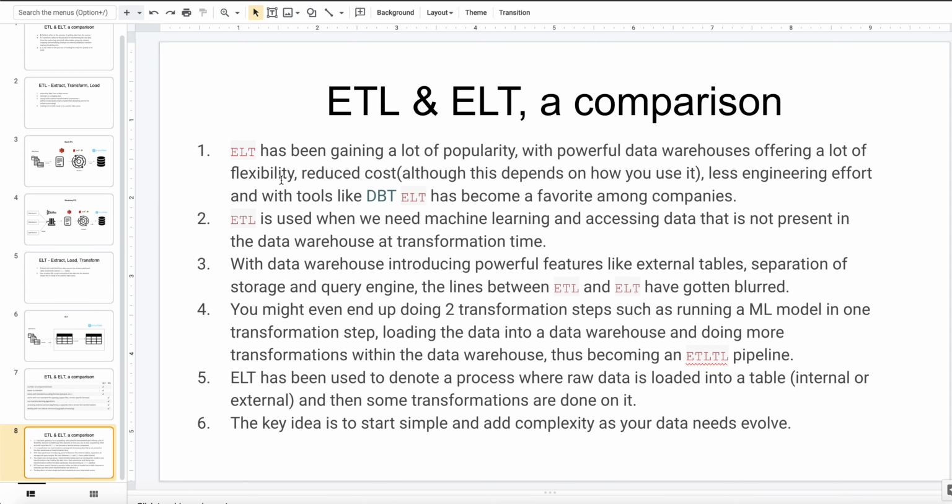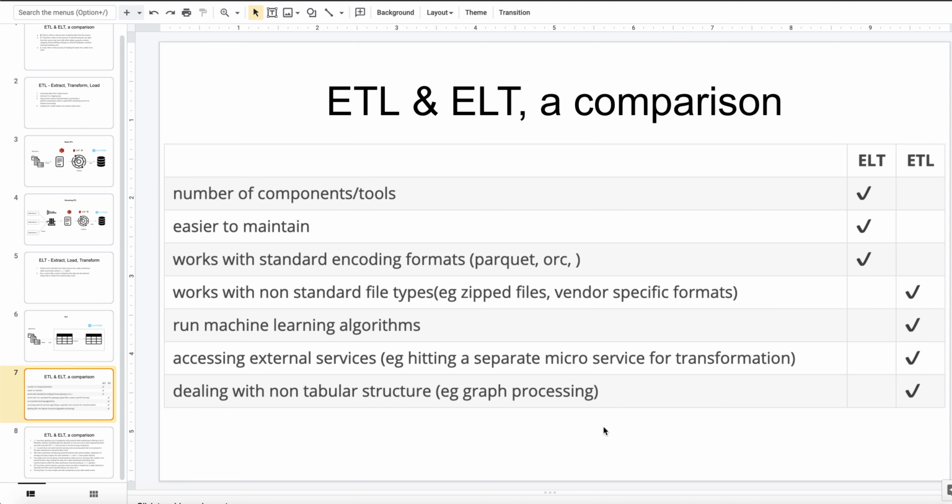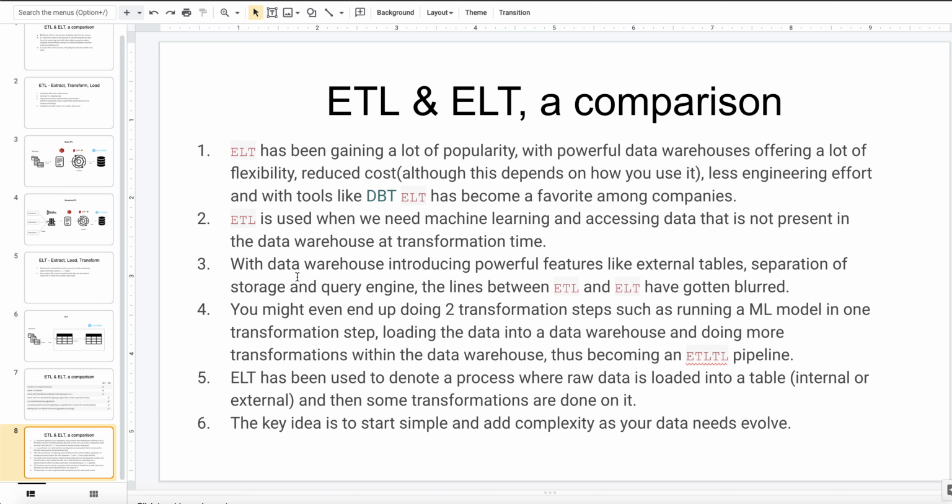So let's look at some more points. As you can see, ETL is more flexible, but ELT has been gaining a lot of popularity because data warehouses have been getting very powerful and also cost effective because of the separation that they offer between storage and processing in terms of external tables.